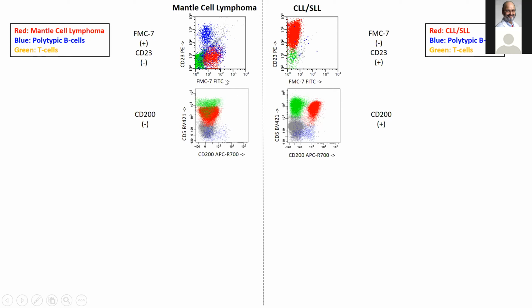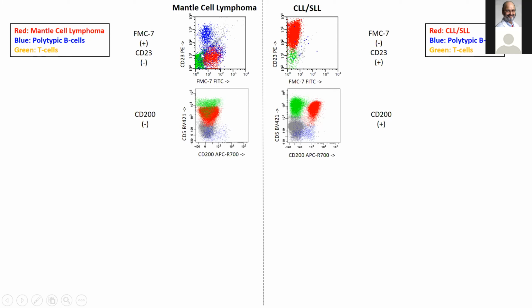FMC7 is actually an epitope of CD20, but it's only expressed at certain stages of reactivity on normal B cells. So every CD20 positive B cell doesn't necessarily have to express FMC7. It's a B cell marker.